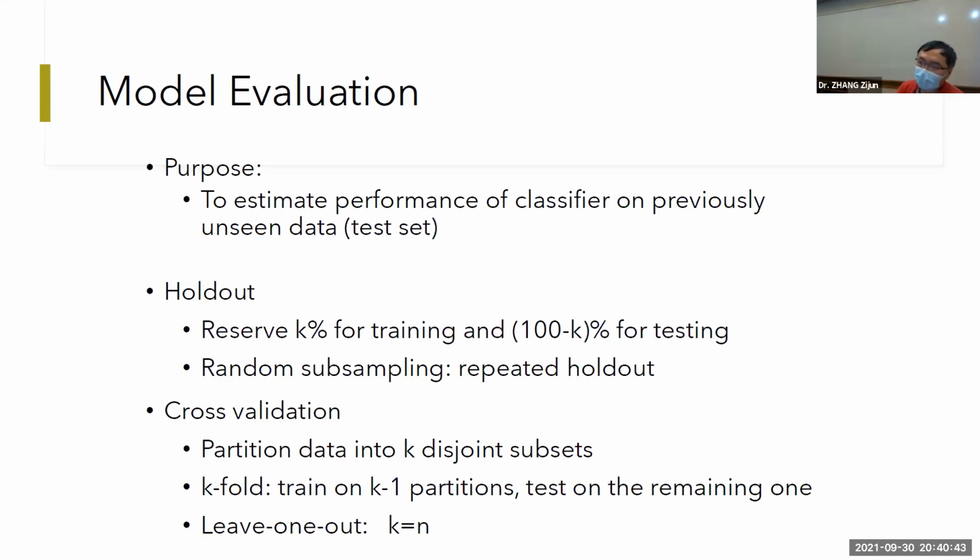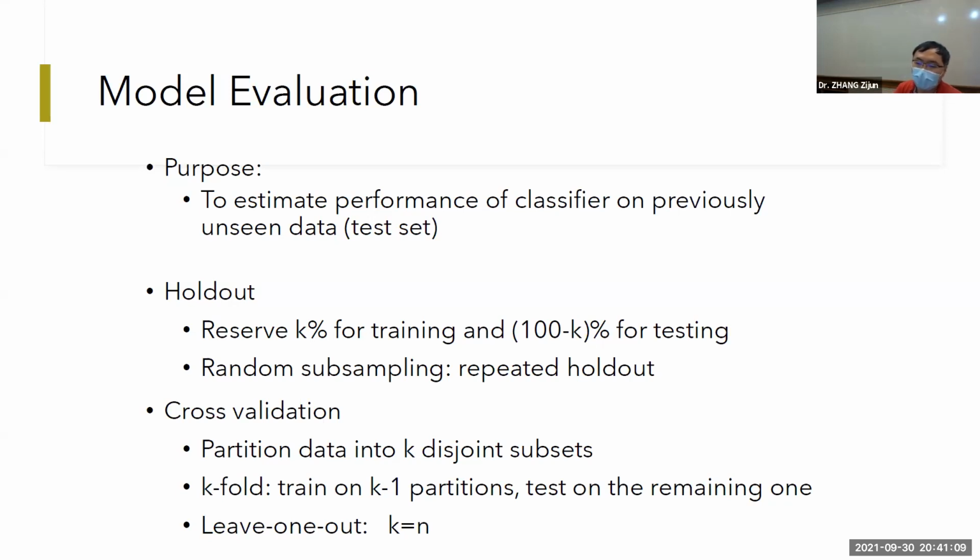So we talked about the definition of underfitting, overfitting, and the model selection. Then we further discuss the purpose of the model evaluation. The purpose is to estimate the performance of the classifier on previously unseen data.